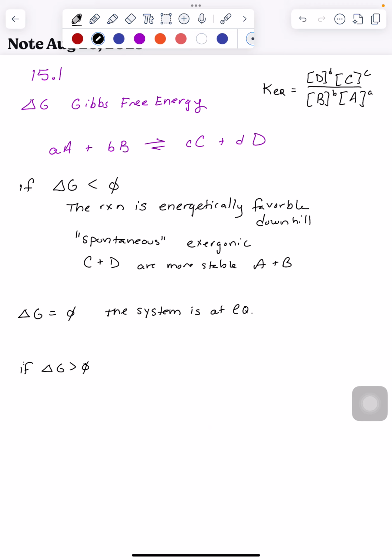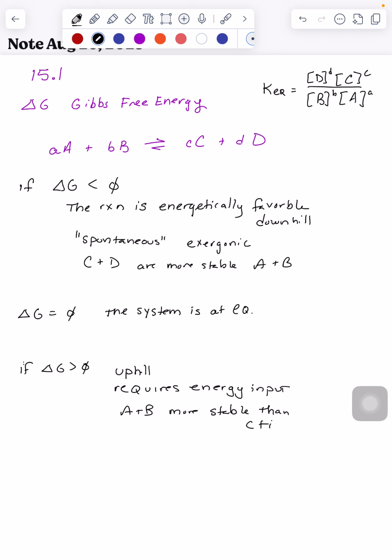The reaction is uphill. It's not spontaneous. It requires energy input. And A and B are more stable than C and D under those conditions.